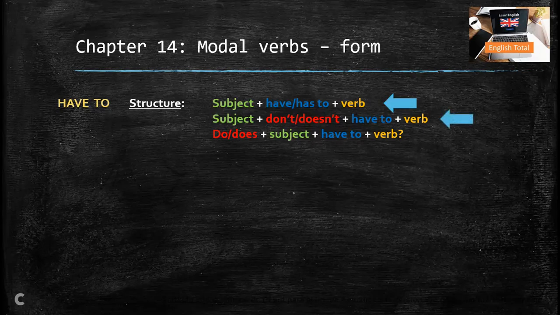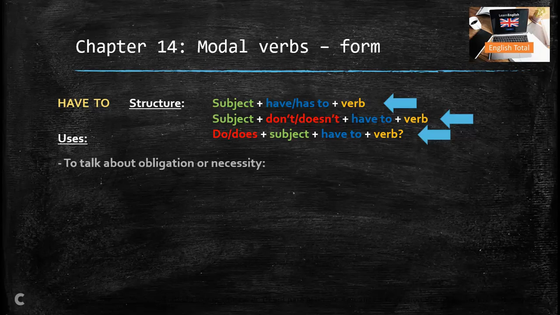To form a negative sentence, you need the subject, followed by don't or doesn't according to the subject of the sentence, the modal have to, and then the verb in infinitive form. And, as you probably already know, to form a question, first start with the auxiliary do or does, followed by the subject, the modal have to, and finally the verb in infinitive form.